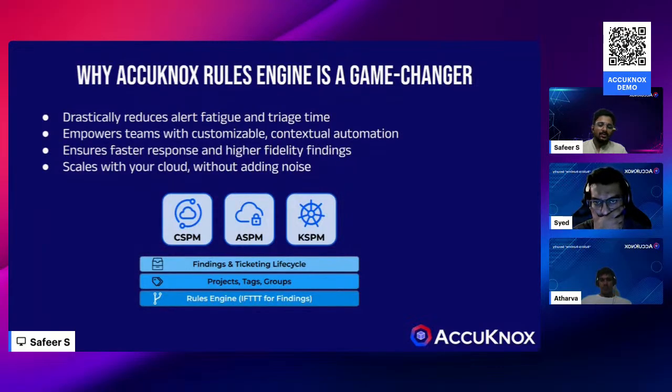On top of this, the rule engine comes in. The rule engine can do automation using severity factors and asset context, and it can do actions like create tickets, send notifications to notification channels, or change the status of a finding. This way, we can reduce a lot of false positives.